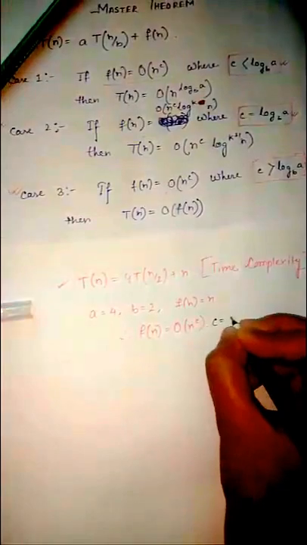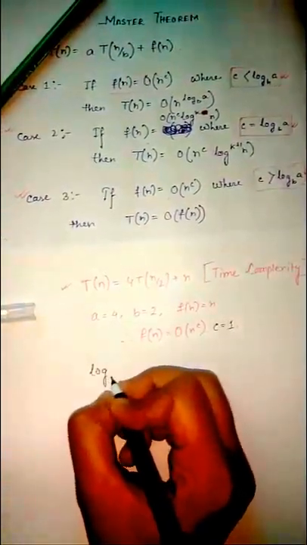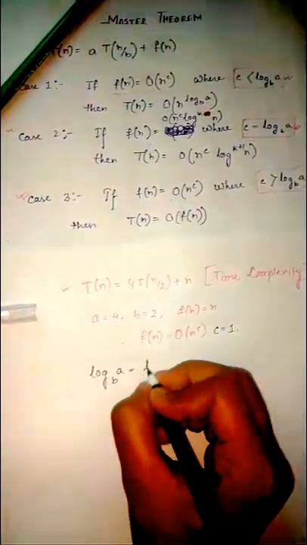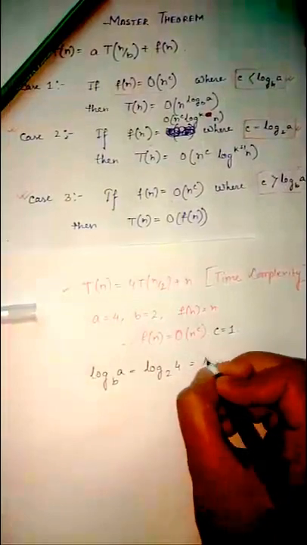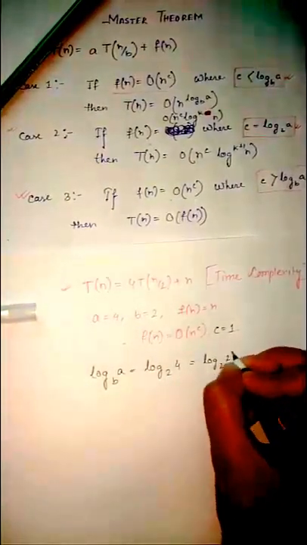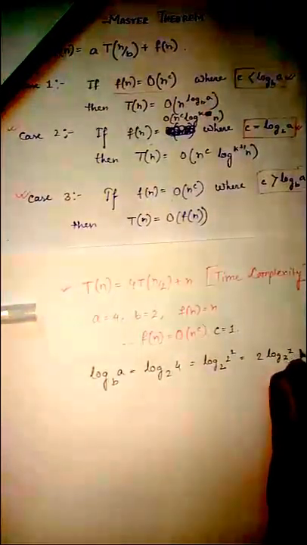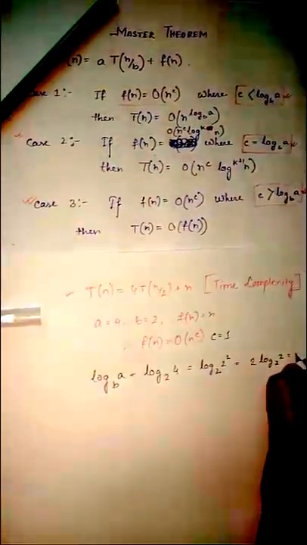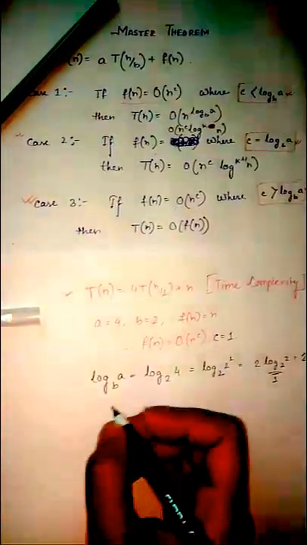c equal to 1, and now we have to compute log of a base b, that is log of 4 base 2, which is log of 2 to the power 2 base 2, that is 2, because log of 2 base 2 is equal to 1.